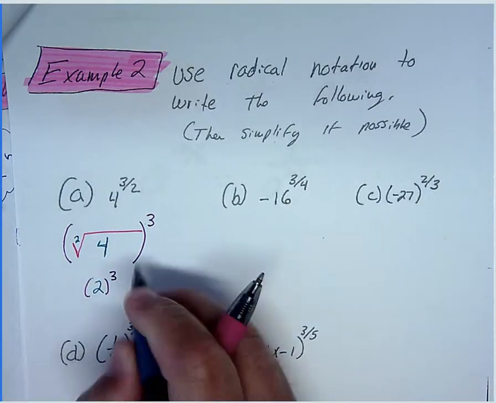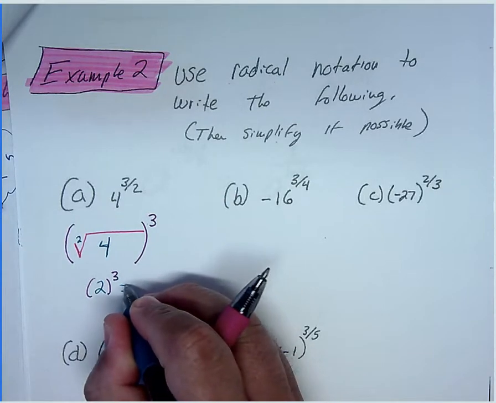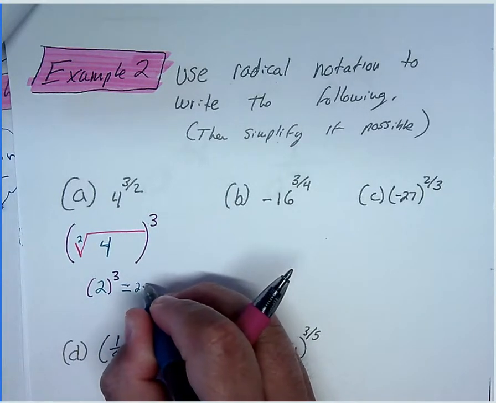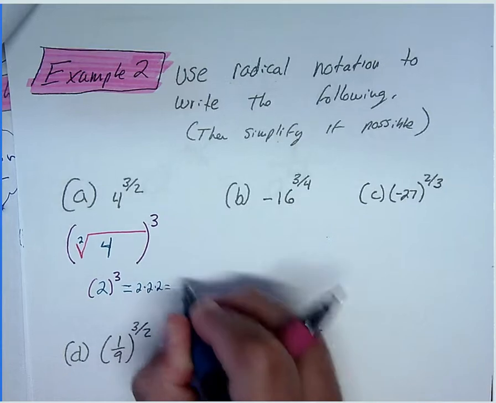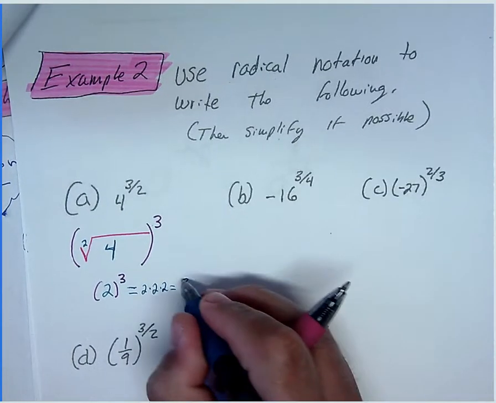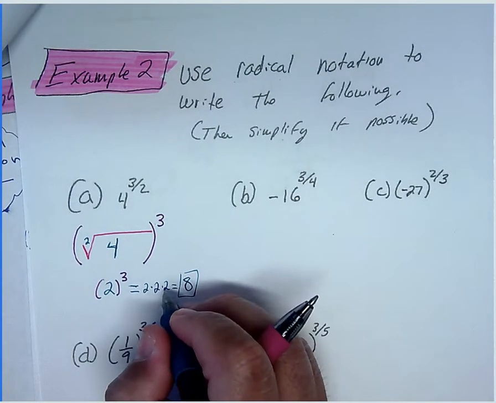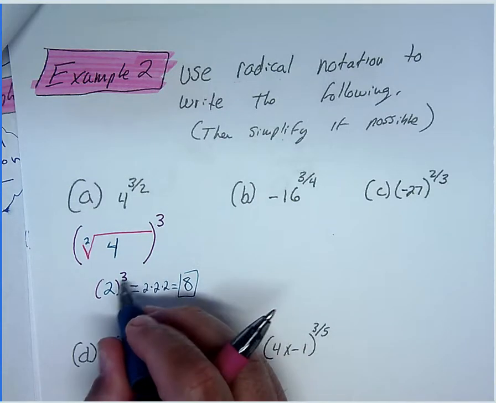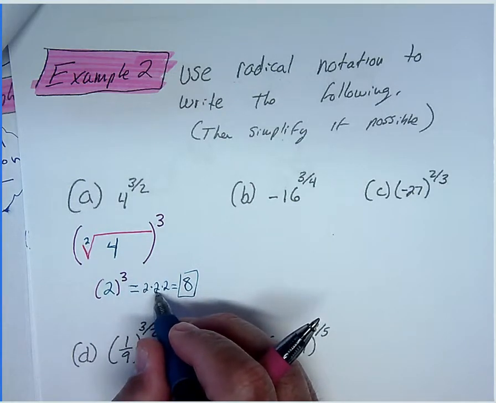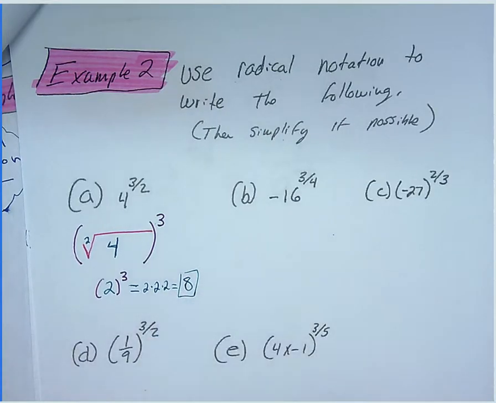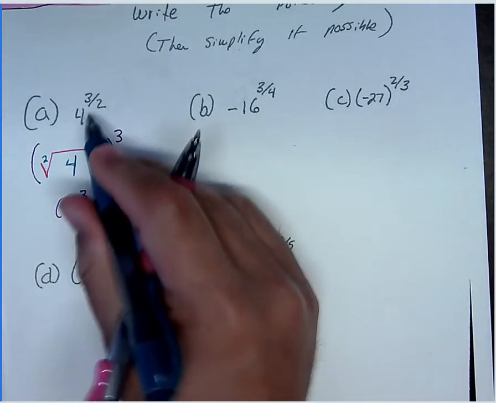So this is basically, I'm going to put it here, 2 times 2 times 2 gives you 8. I won't put that all the time, just wanted to show you for this example. So 2 to the 3rd is you're multiplying 3 times, that'll give you 8. So that would be the answer for that one.